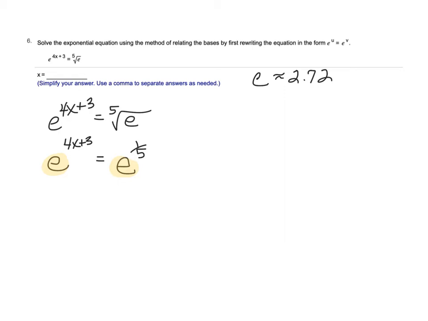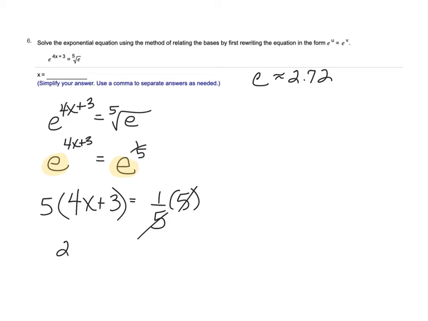Since those are the same, we can set 4x plus 3 equal to 1/5, and then solve from there. I'll just multiply both sides by 5, just a basic equation, and you get 20x plus 15 equals 1. Let's subtract 15.